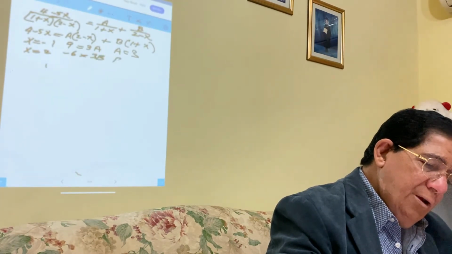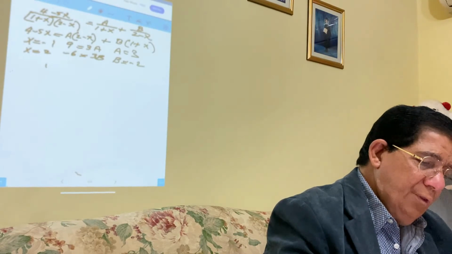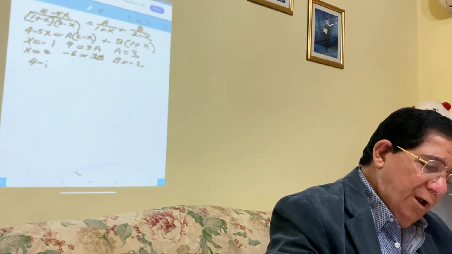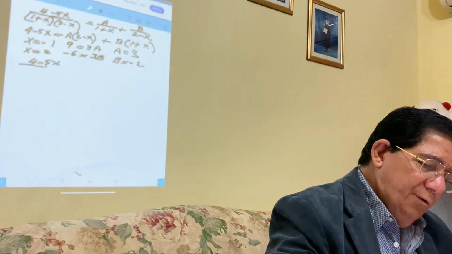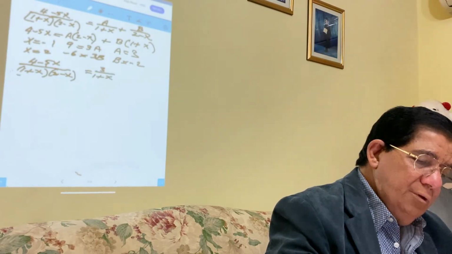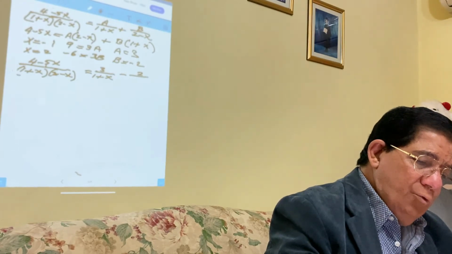Therefore, B equals -2. Therefore, (4 minus 5x) over (1 plus x)(2 minus x) is equal to 3 over 1 plus x minus 2 over 2 minus x.